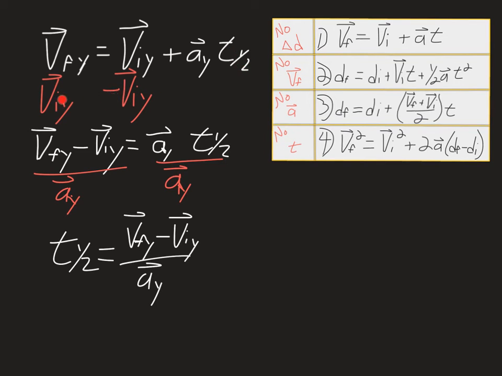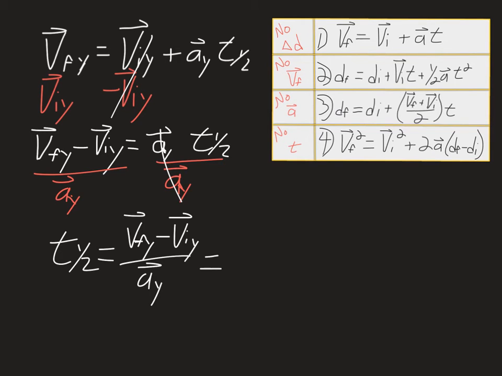I just used simple algebra here where I subtracted VIY from both sides, cancels on that one, get a whole new equation, then I divide by AY, cancels out on that side, and I get my final equation where I can now feel comfortable plugging values into it. I really want you to start working it out before you plug the values into it. It shouldn't matter too much, but it tends to help keep your math honest and right. A lot of you are screwing up with the algebra.